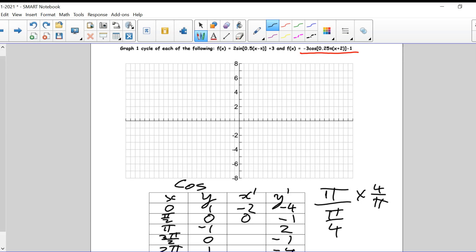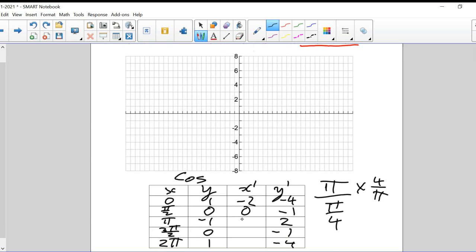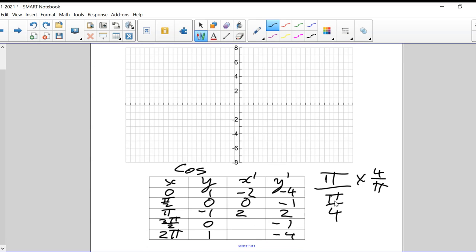The pi's are going to cancel, and I'm going to be left with 4, and I'm going to be minusing 2 from that, which would, of course, give me 2. I think the pattern should be fairly clear at this point. What do you think my next number is going to be, folks? Look at how the x values are trending. From minus 2 to 0 to 2. What's next? What's my next x value after that?